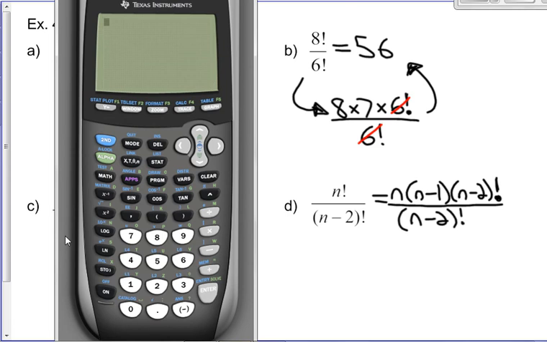Because this way, n minus 2 factorials divide out. And we're left with just n by n minus 1, or n squared minus n. So we can do it in abstract settings, and we can do it for specific numbers.